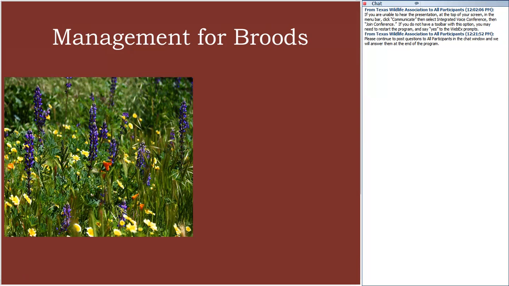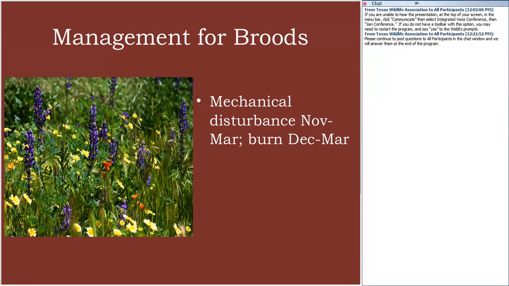And how exactly do we do that? How do we manage to support brood-rearing activities in our environment? Once again, mechanical disturbance during cool weather months is a really good practice to implement. And that can include things like disking or the use of cattle. So with cattle, you get both the grazing aspect and the hoof traffic aspect that contribute to disturbance.